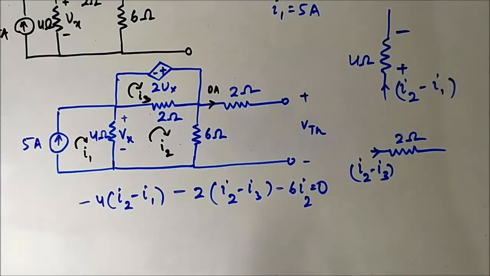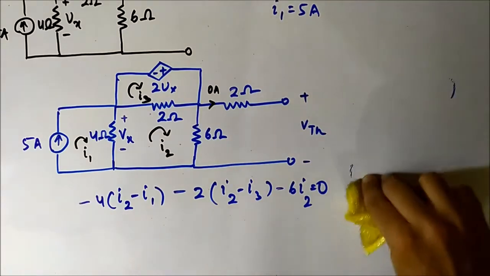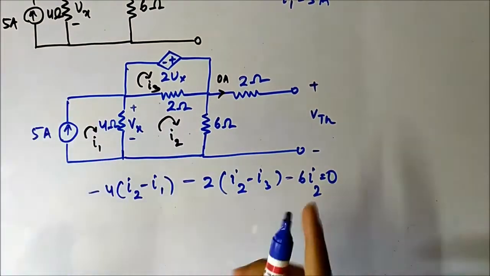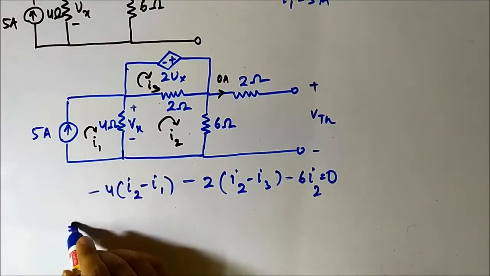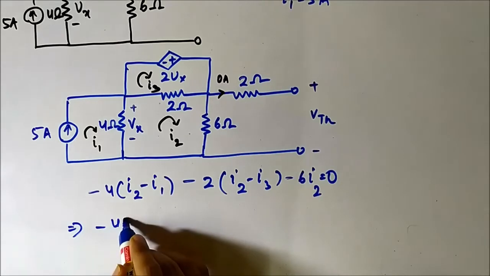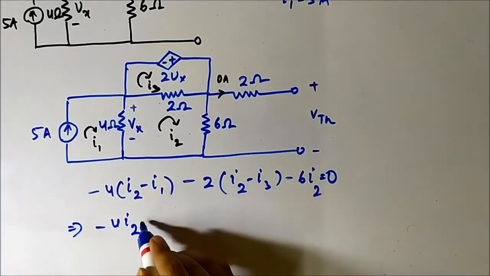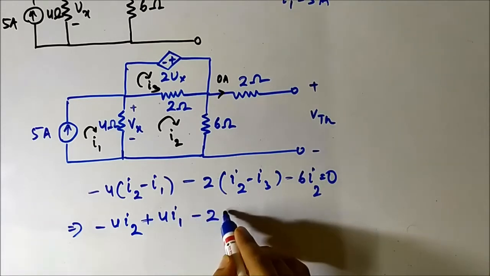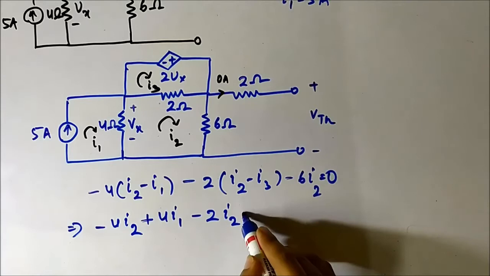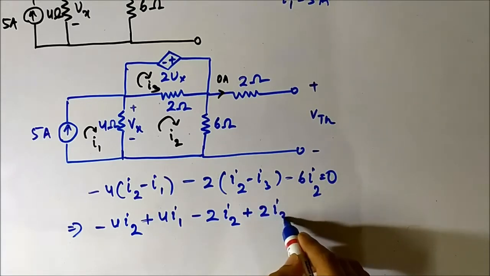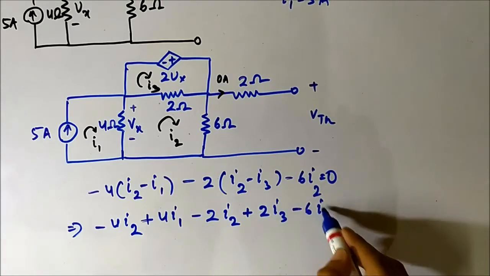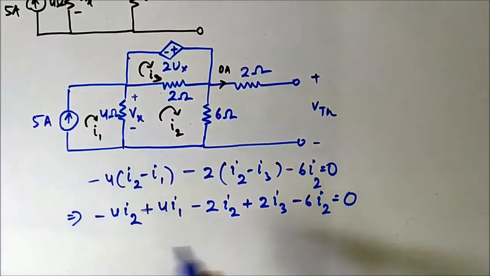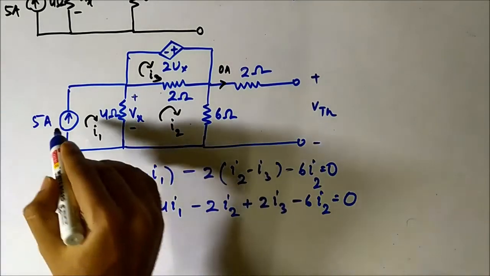So let me erase this portion. Here it is, that implies minus 4I2 plus 4I1 minus 2I2 plus 2I3 minus 6I2 equals 0. Do not just substitute I1 with 5 right now.